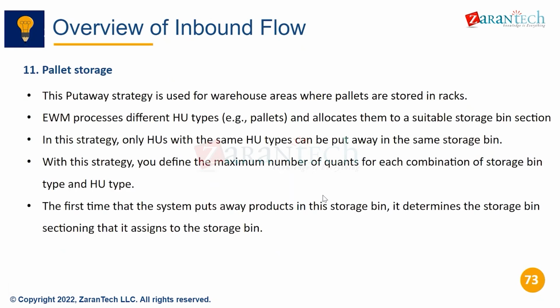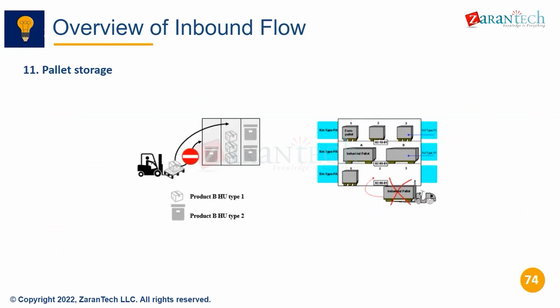Pallet storage: you can see in which case pallet storage will be used. You'll have a bigger pallet, smaller pallet, or boxes, cartons, and inside these you will have your actual stock available. For this, we will call it one storage type number, and for this there will be another.